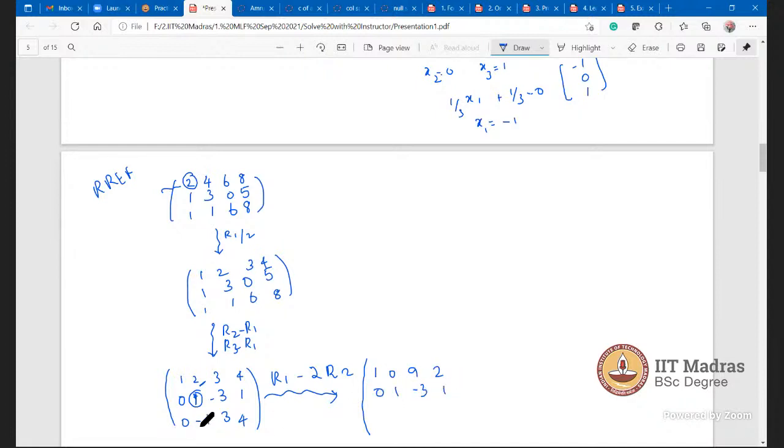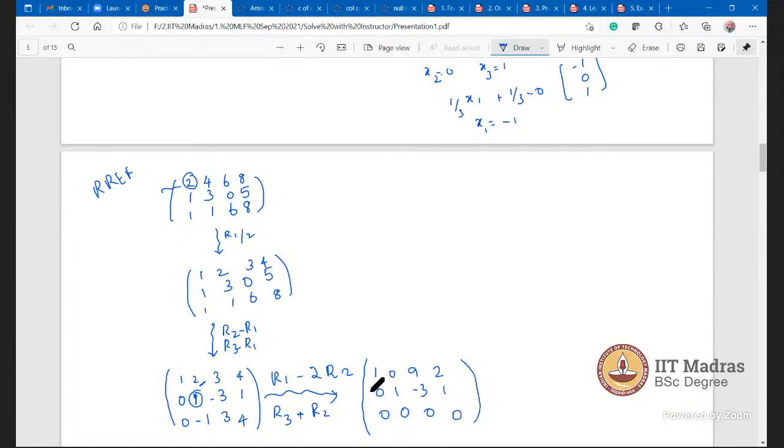For the bottom row, it is simply R3 plus R2. At that time you will get 0, here also 0, and 4 minus 4. I think actually I have to get a 0 here.